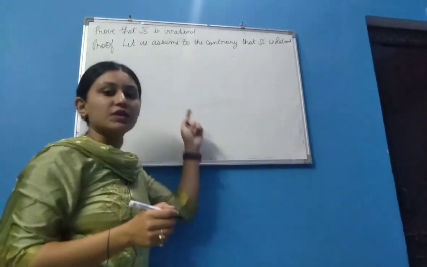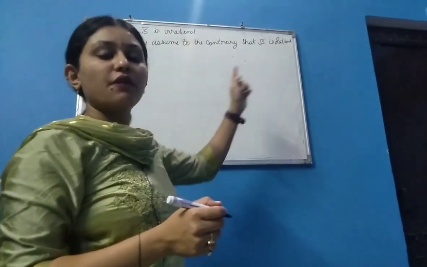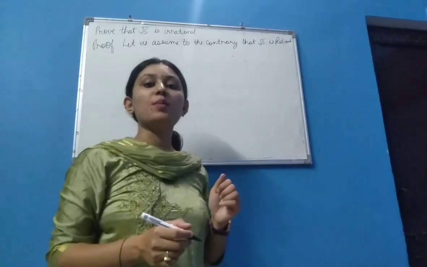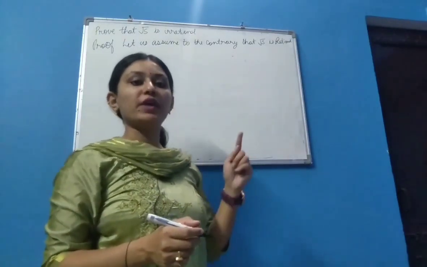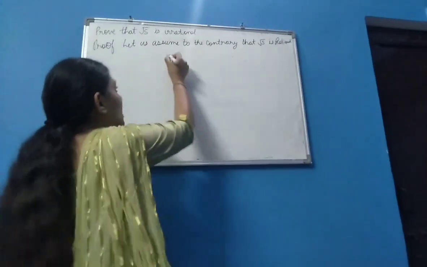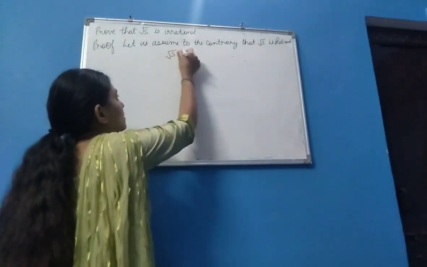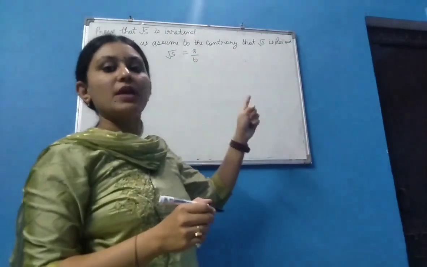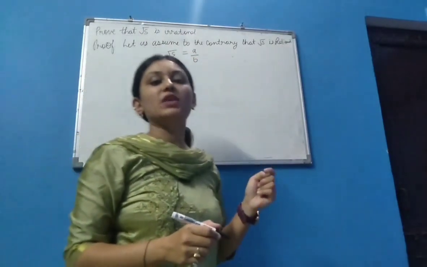We will assume that root 5 is a rational number. Any rational number can be written in the form of P upon Q. So we can write root 5 as A upon B, where A and B are co-prime, that is, HCF is equal to 1.